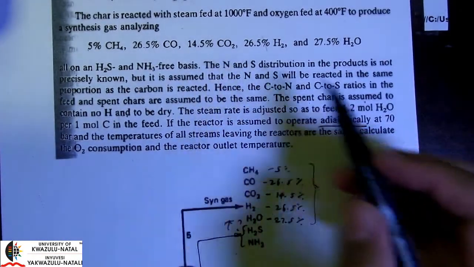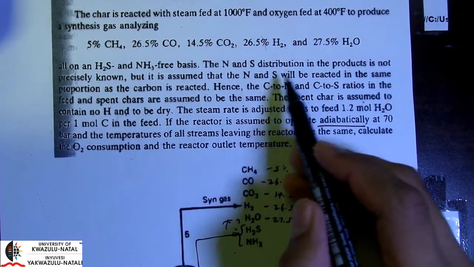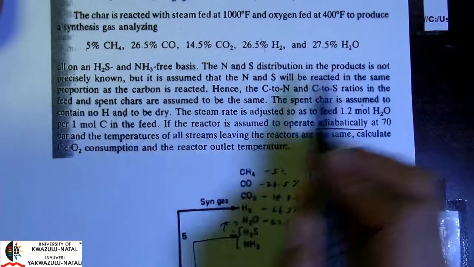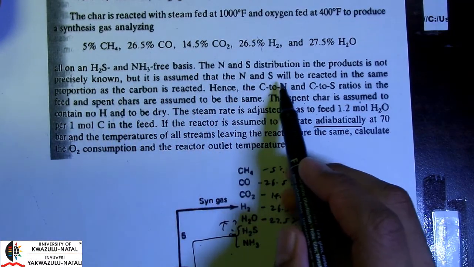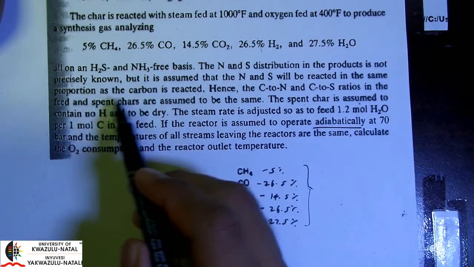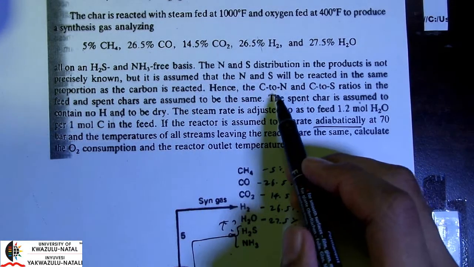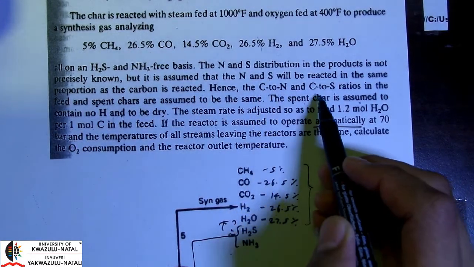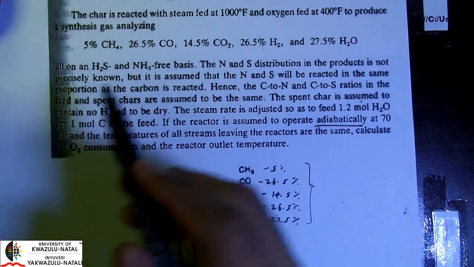Okay, they've also given us some other information. The nitrogen and sulfur distribution in the products is not precisely known, but it is assumed that the nitrogen and sulfur will be reacted in the same proportion as the carbon. In other words, the carbon to nitrogen ratio and the carbon to sulfur ratio will be the same for the feed char and the spent char.